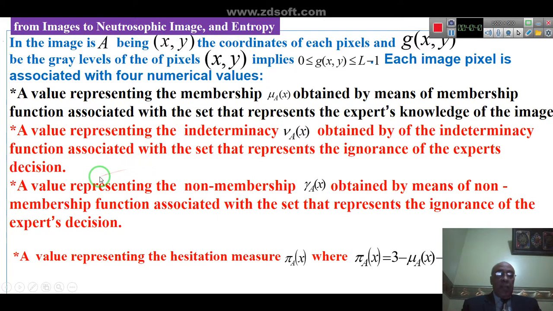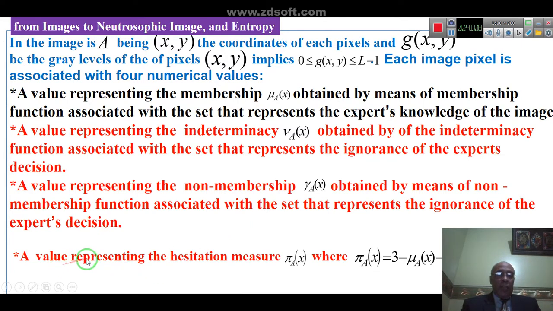And the third value represents the non-membership, gamma A of X. Non-membership represents the non-membership function associated with the set that represents the ignorance of the expert decision. What is the fourth value?